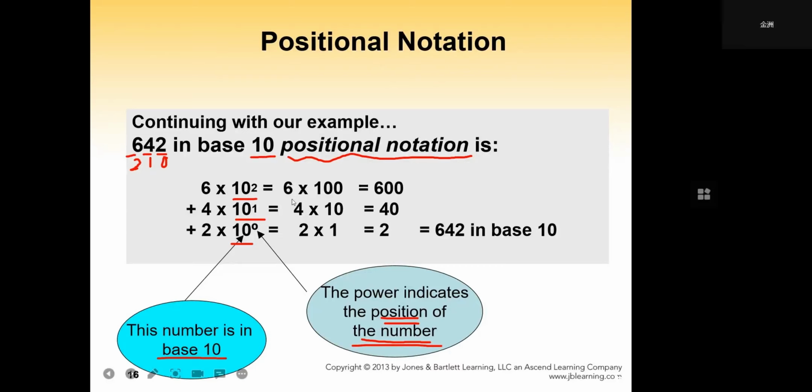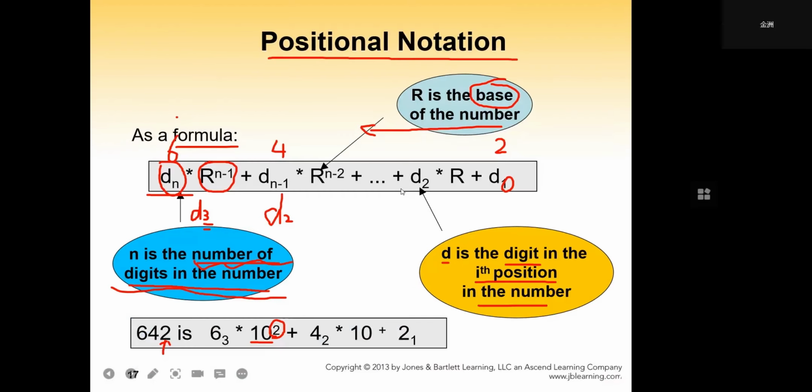So if we construct it as an abstract expression, we can write the positional notation as this formula. Here is the digit, and here is the position, or the number of digits in the number. The n here is the positions 1, 2, 3 until n.